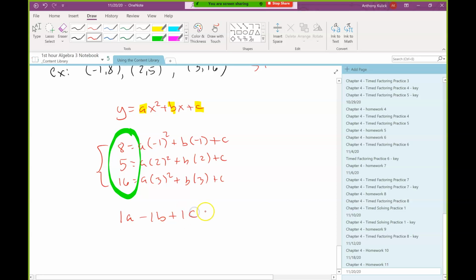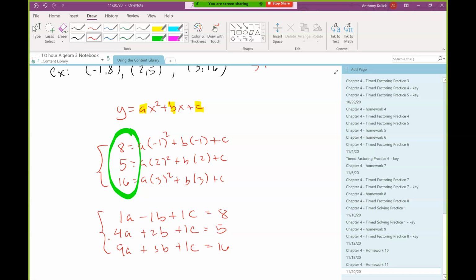And then I'll write 1c is equal to 8a. And then 2 squared is 4, so I have 4a. 2 times b is 2b. And then plus 1c is equal to 5. And then 3 squared is 9, so I have 9a. 3 times b is just 3b. And I have 1c is equal to 16. So that's how I'm going to write my system.